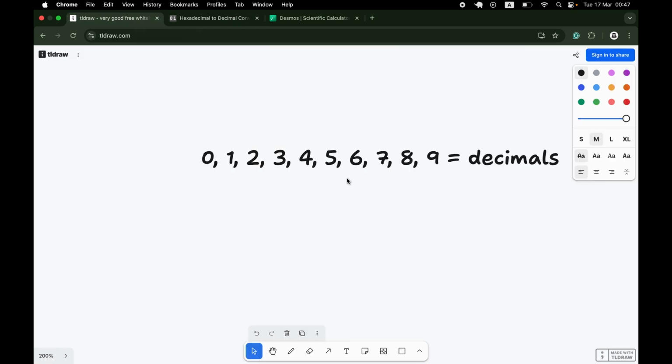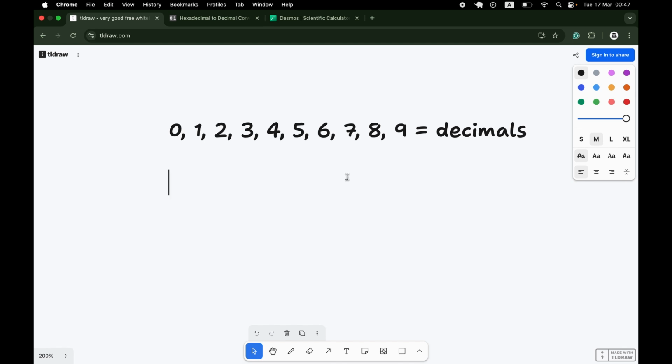Before we start, let's remember hexadecimal. Hexadecimal also starts from 0, 1, 2, 3, 4, 5, 6, 7, 8, 9.